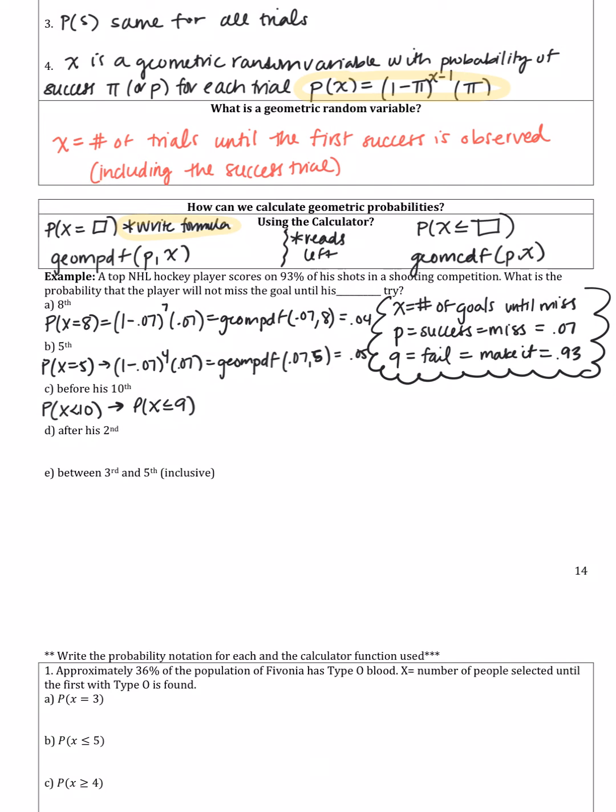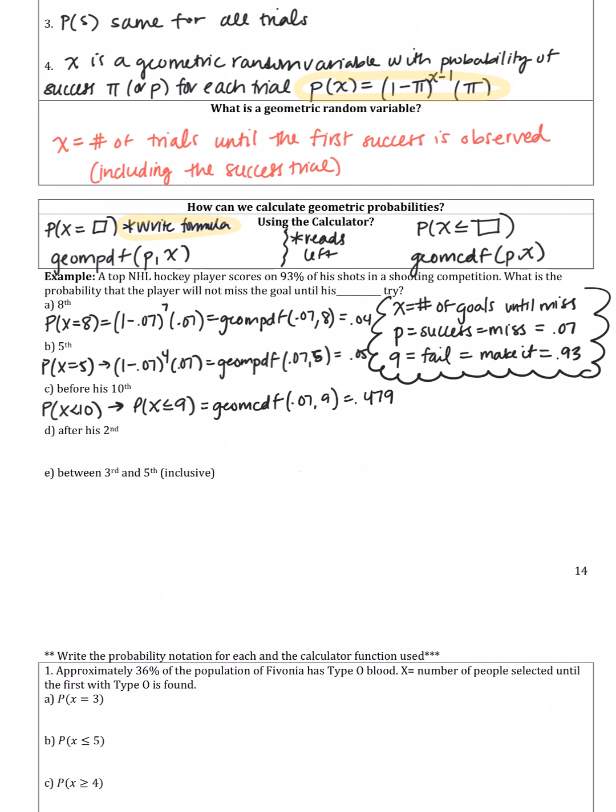Luckily, because you think about it, we got 8, 7, 8, 9, 10. Less than 10 includes all of those values, which is less than or equal to 9. Okay, so we're going to use, in this case, geometric CDF. Success is 0.07 and 9, and you should get out 0.479 approximately.